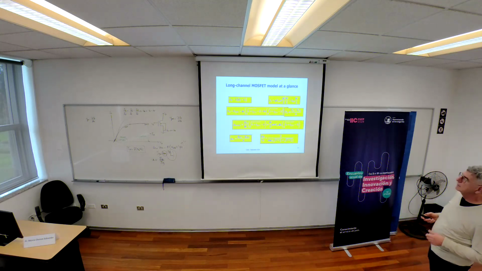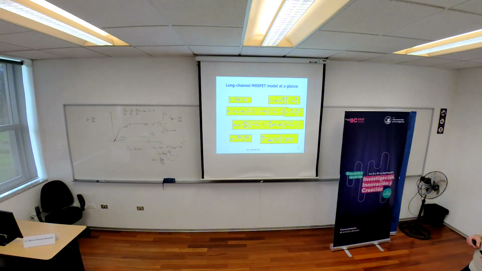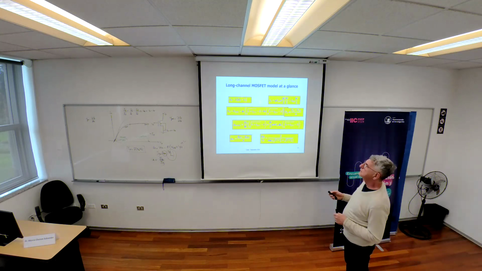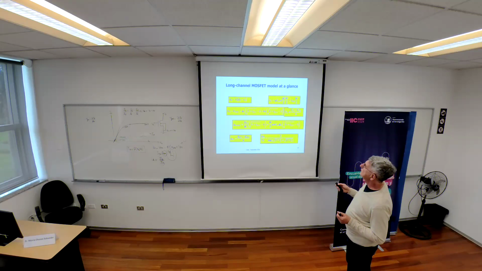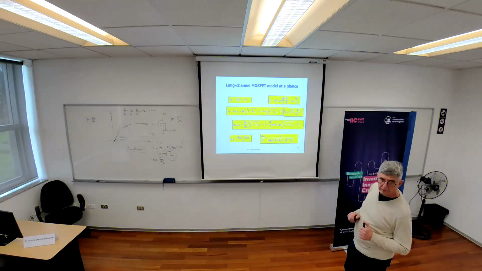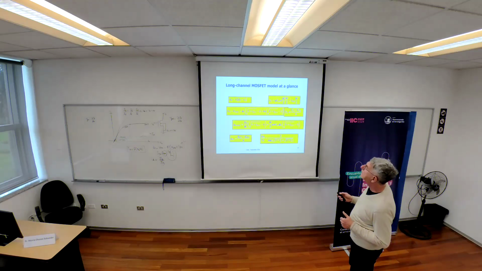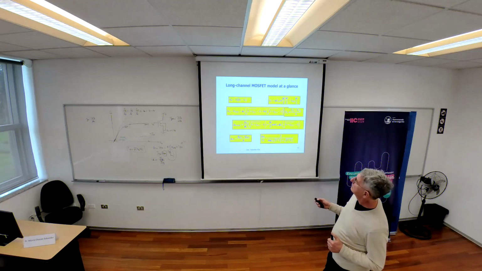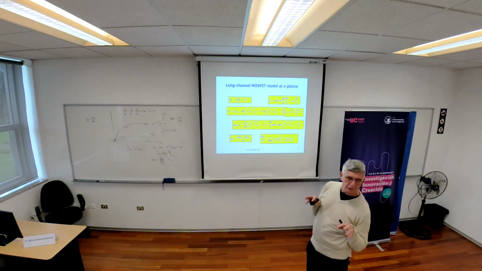This is a summary of the model. This is just a summary of what we have. One of the parameters is the specific current. The other one is inside the pinch-off voltage.